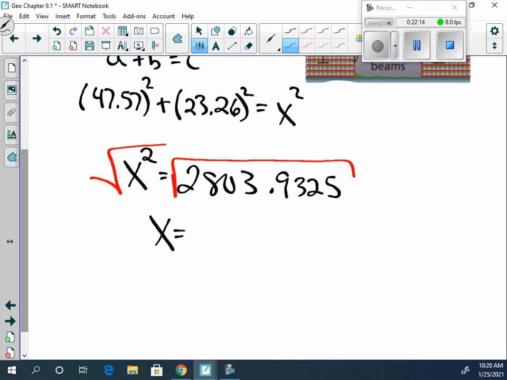And what do we do if we get the square root? Or what do we get when we take the square root? Hmm. 52.9 what?